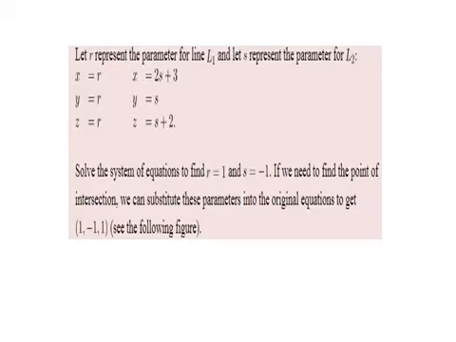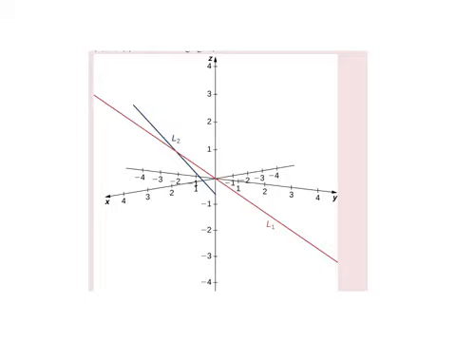To find the point of intersection, we can substitute these parameters into the original equations to get the point (1, minus 1, 1), as shown in the figure drawn in the next slide. The previous information of part B is shown in the figure.